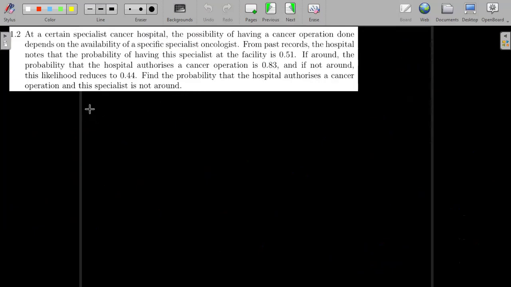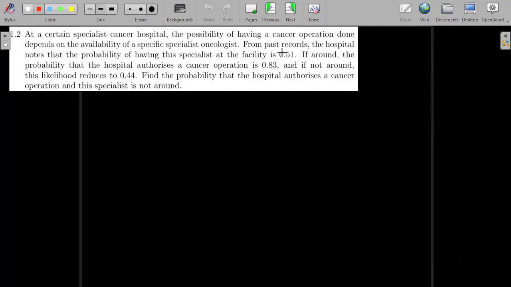So question 2, what are they saying? At a certain specialist cancer hospital, the probability of having a cancer operation done depends on the availability of a specific specialist oncologist. From past records, the hospital notes that the probability of having this specialist at the facility is 0.51.